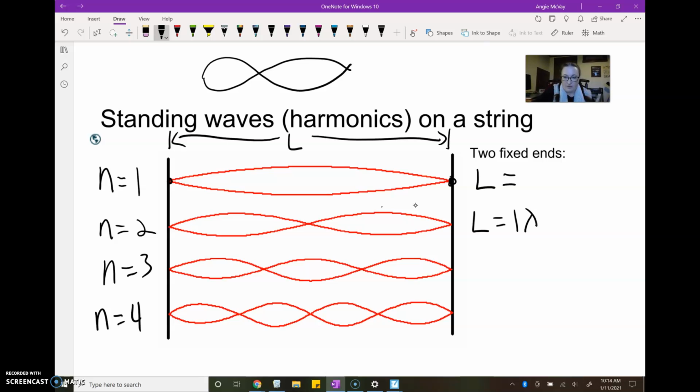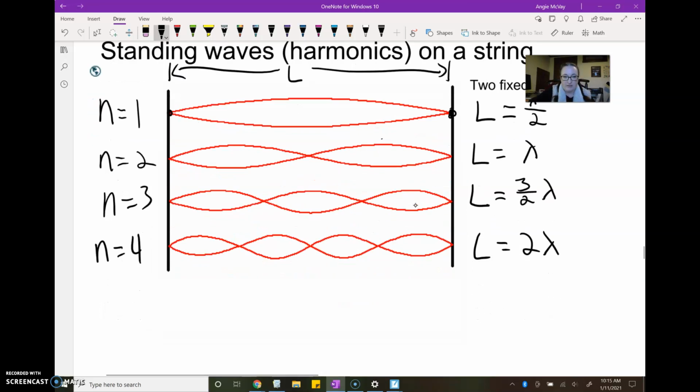For n equals 1, the length is half of a wavelength. N equals 3, the length of the string has 1.5 or 3/2 of a wavelength, and then this is 2 full wavelengths. Okay? And again, this is with 2 fixed ends.